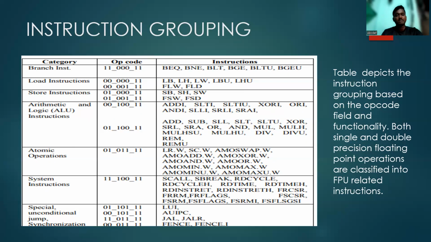These are the categories, and their related opcodes and instructions are there. This table depicts the instruction grouping based on the opcode field and functionality. Both single and double precision floating point operations are classified into FPU related instructions.